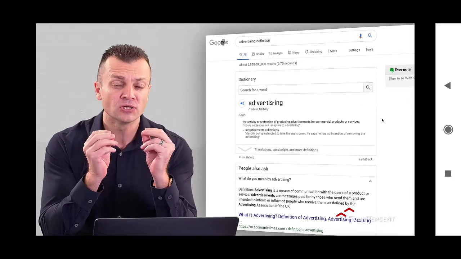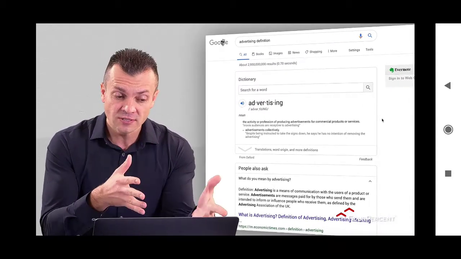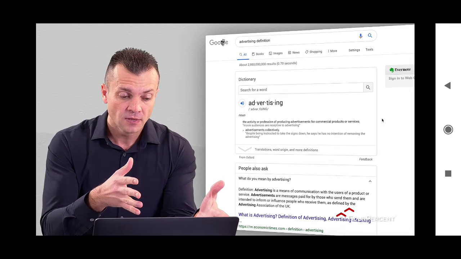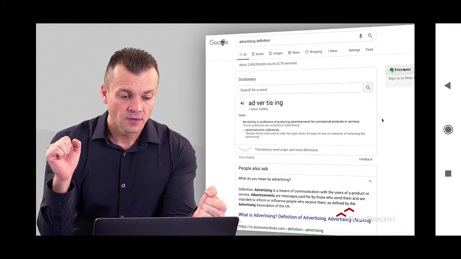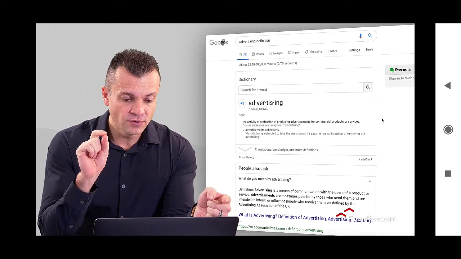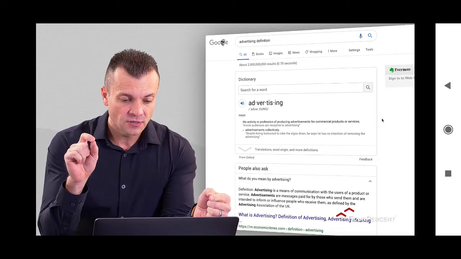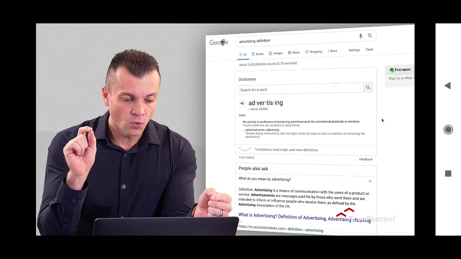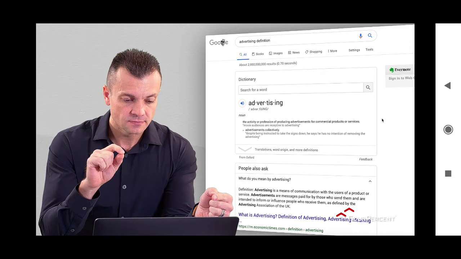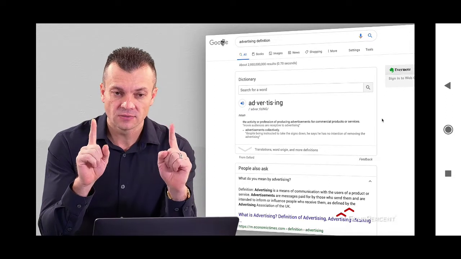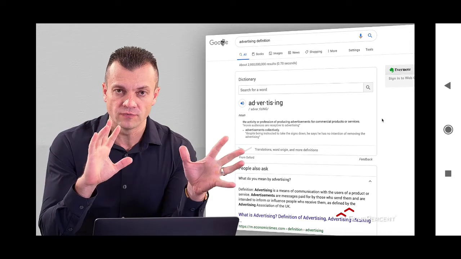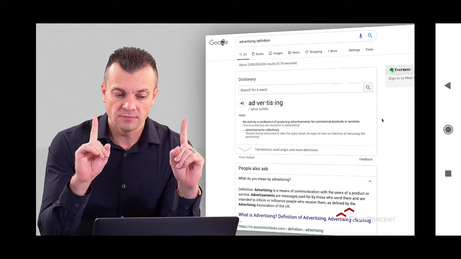So we need to make sure that we understand this. According to the dictionary here, check this out, right? Advertising is a means of communication with the users of a product or service. Okay? Keep that in mind.